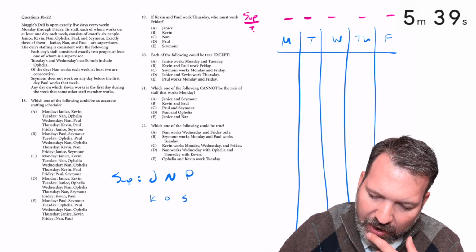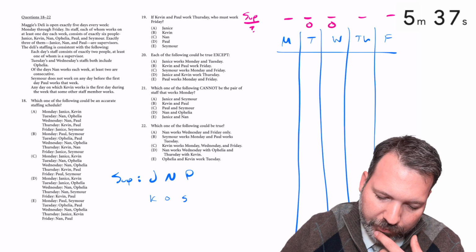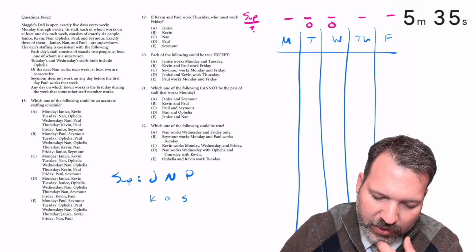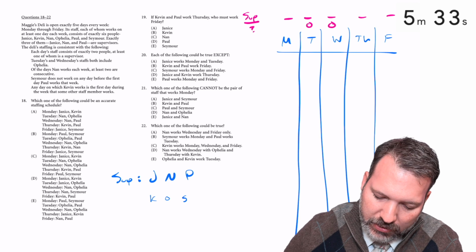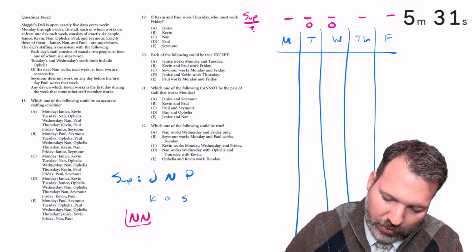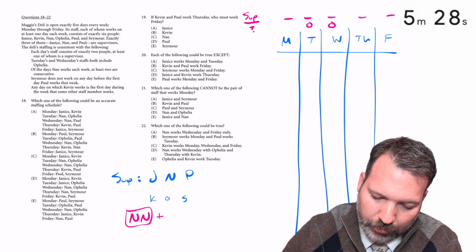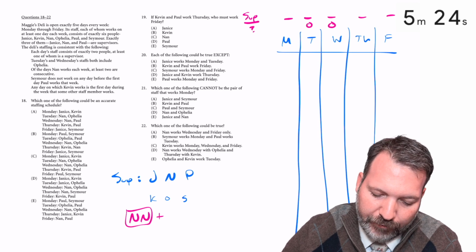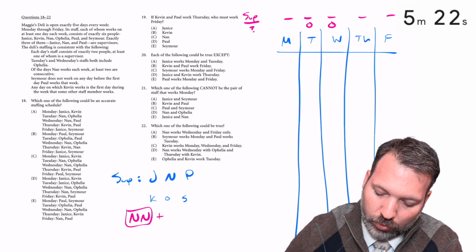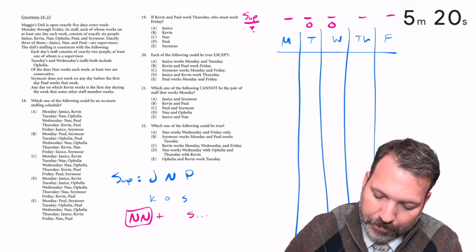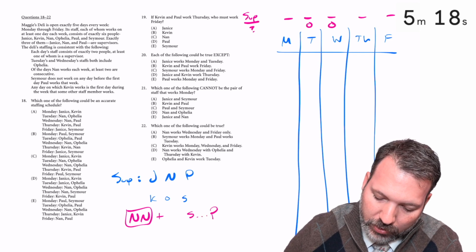Tuesday and Wednesday's staffs both include Ophelia. Very good. Of the days Nan works each week, at least 2 are consecutive. So we have to have an NN block somewhere. Seymour does not work on any day before the first day Paul works. So this is kind of a weird clue.